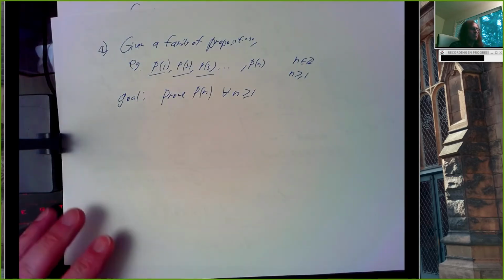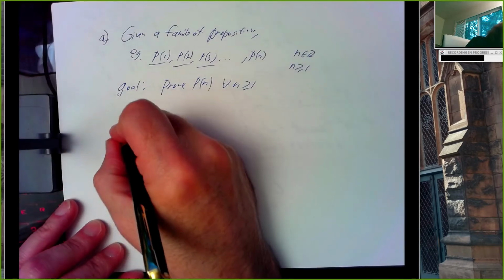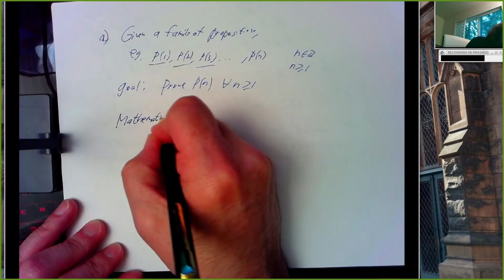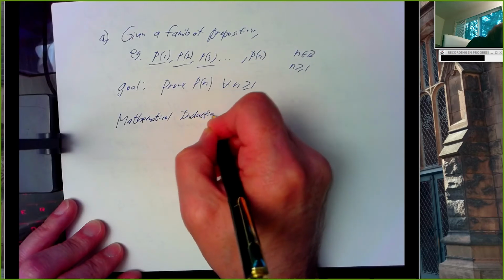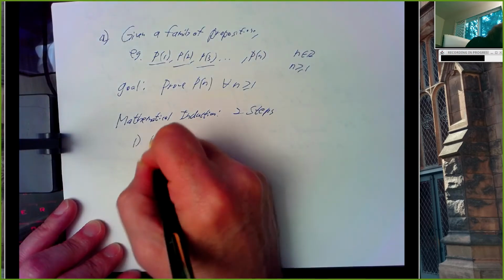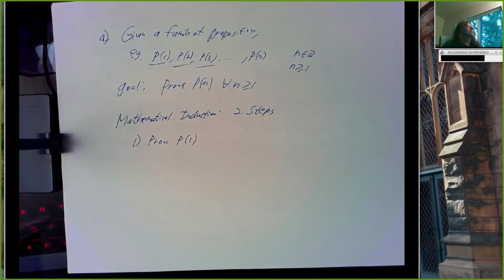And mathematical induction tells us we can do this if we can do the following two things. So 2 steps. This is for mathematical induction. Step 1, prove typically P of 1. Right?